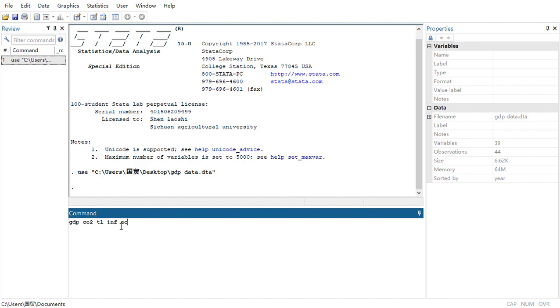We would also like to see the impact of inflation rate, whether the increase or decrease of inflation affects GDP and by what magnitude.